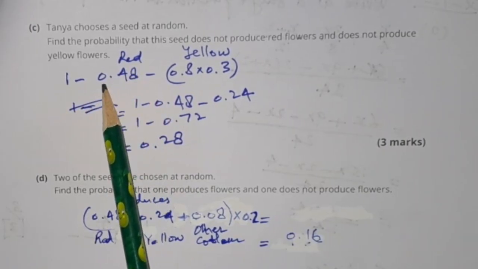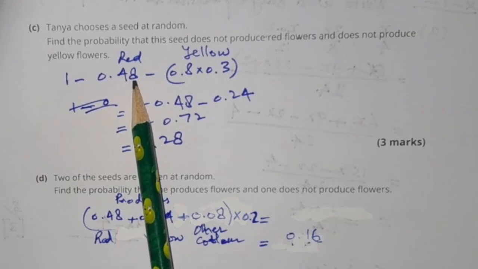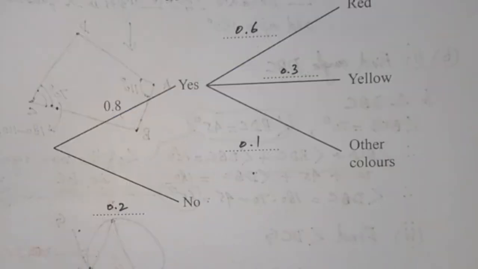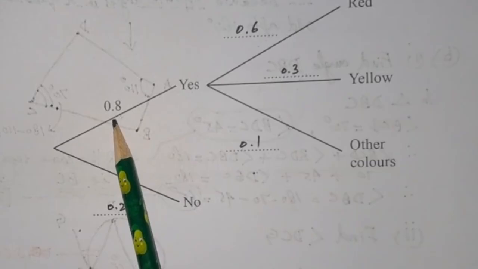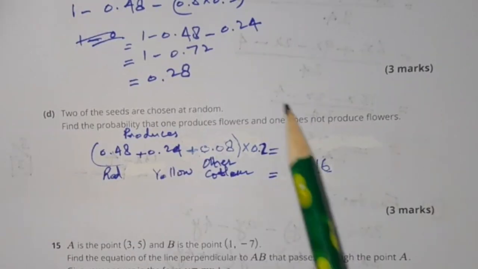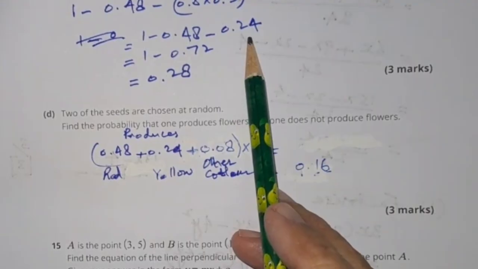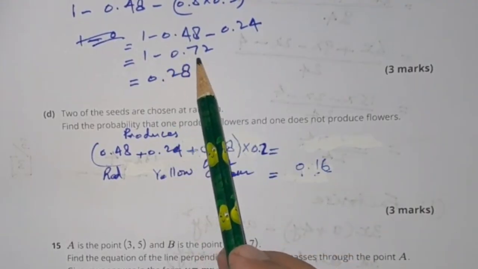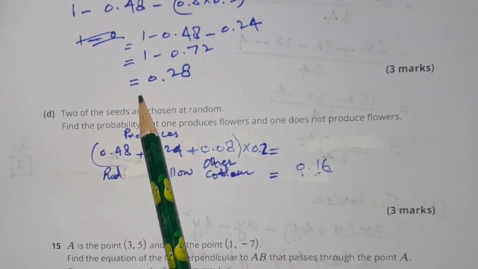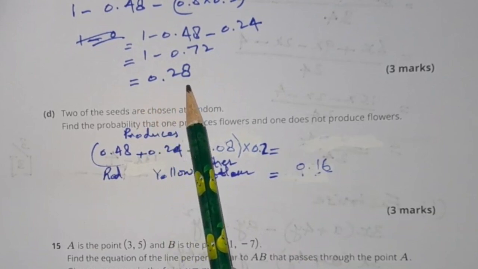Red probability 0.48 we have already calculated, and the yellow probability will be 0.8 into 0.3, which works out to be 0.24. So 1 minus 0.72, these two make 0.72, and we get the probability as 0.28.